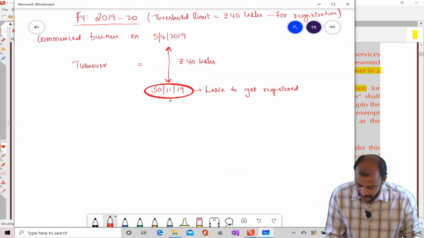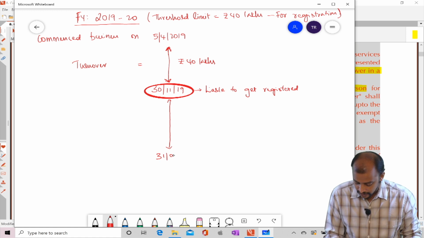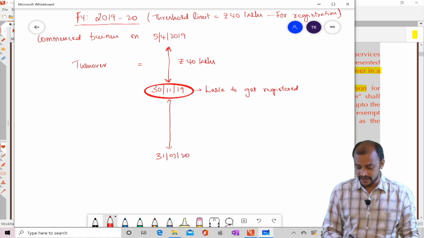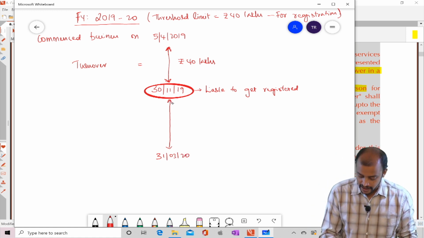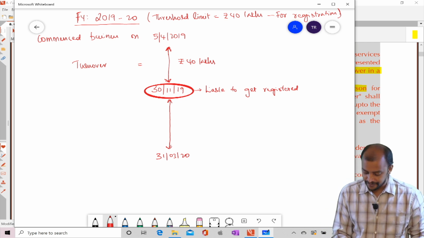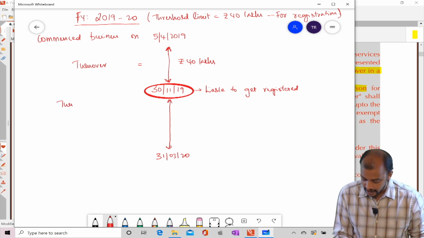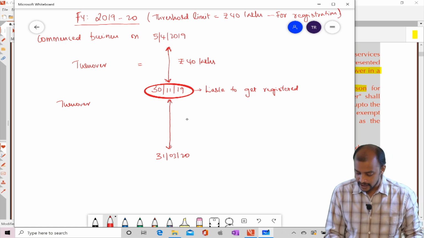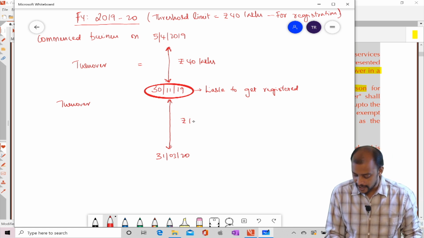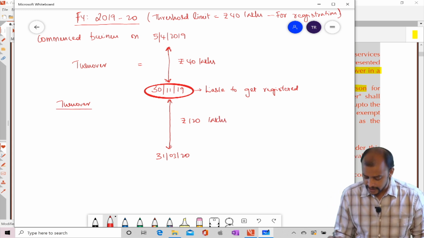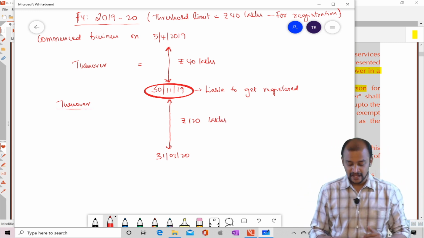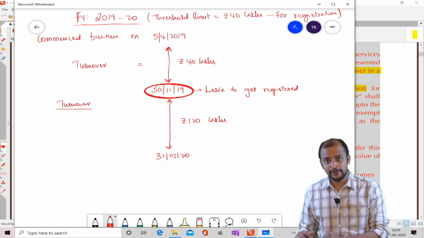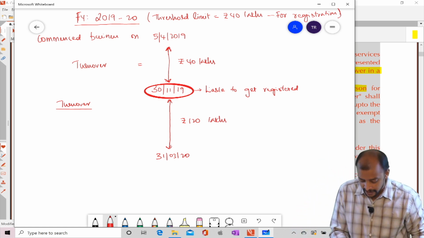Up to 31st March 2020, he made a turnover. And that turnover is 120 lakhs. Now, what is the turnover 120 lakhs? The breakup I am just giving.